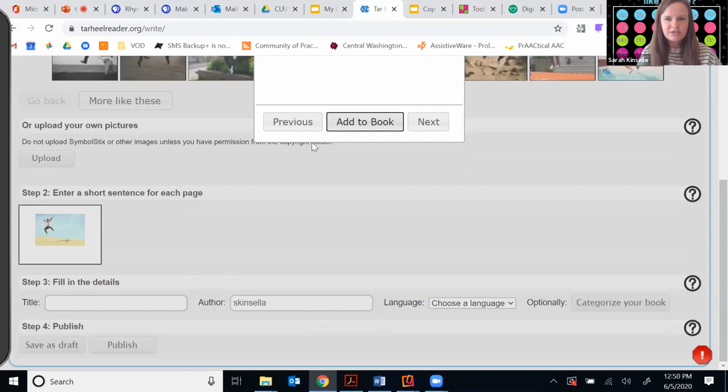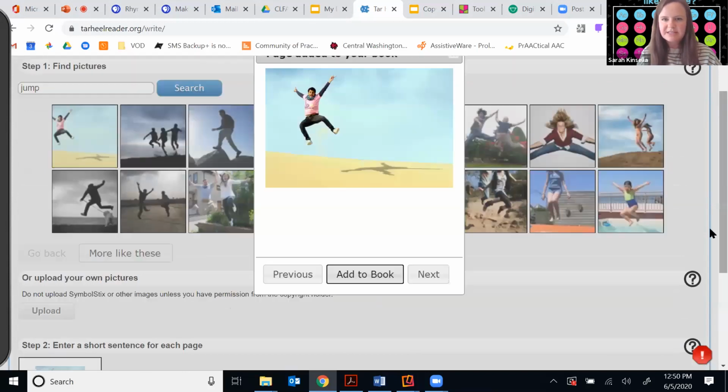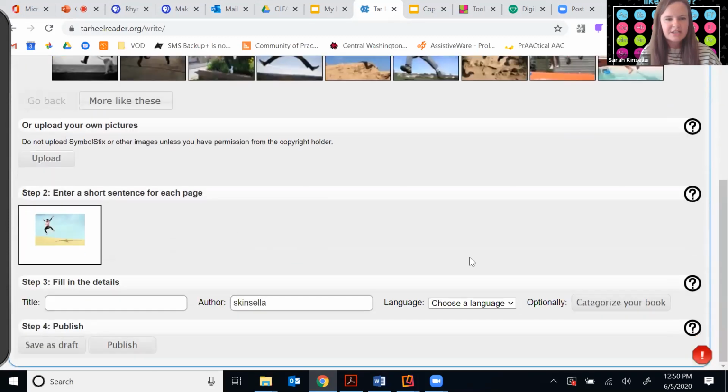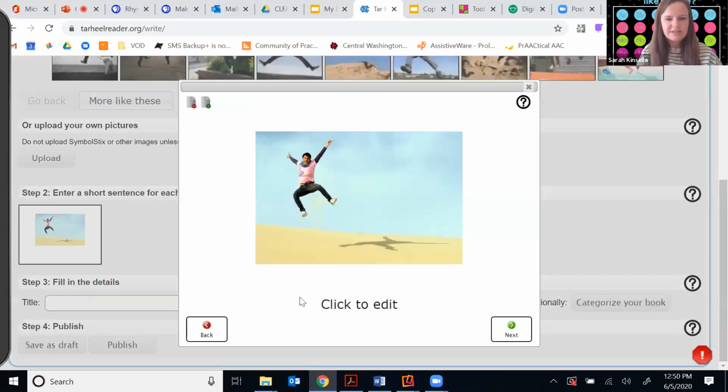enter a short sentence. Oh, sorry, everything's in my way here. You add your sentence for each page. So here's my jump. I can say, he jumps. Oh, he will jump high.